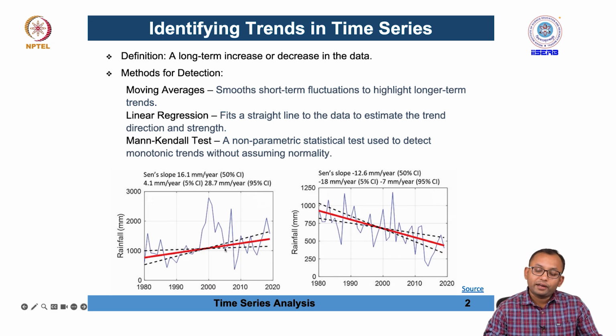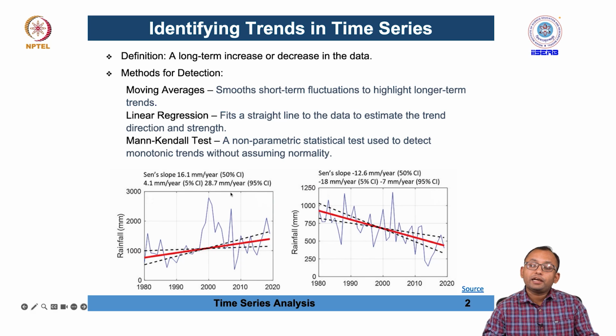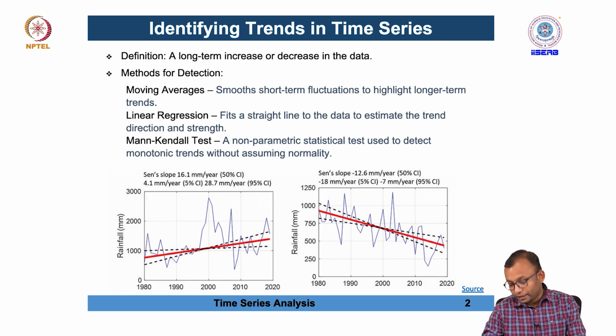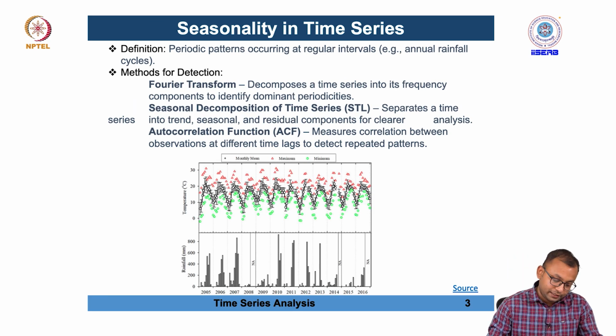So, these are the patterns we can identify using these kinds of tests, and we can find out what is the slope, and more importantly whether the trend that exists in the data set is statistically significant or not. So, this is what we can do using these types of analysis.